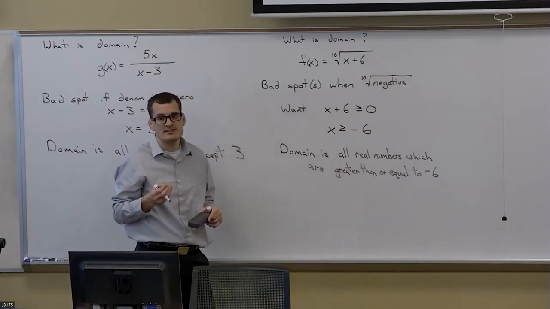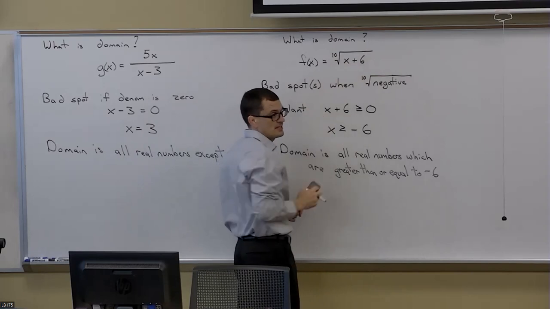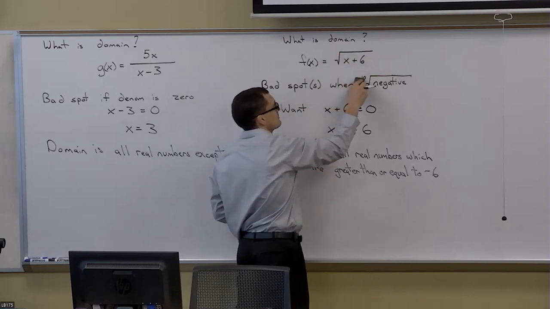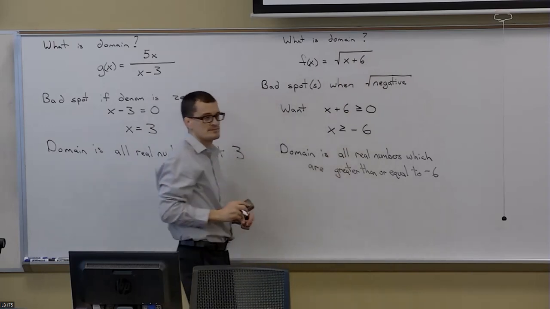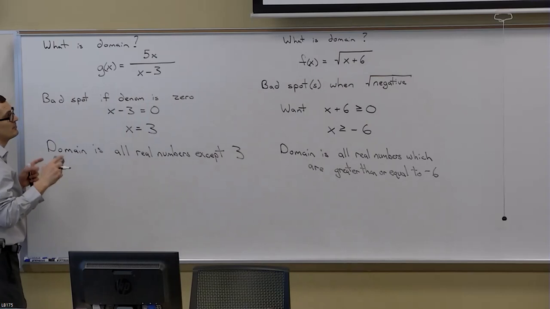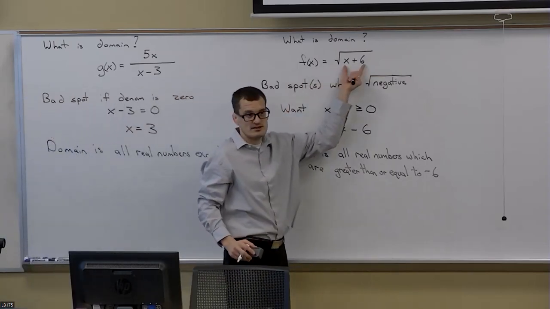That underneath, we want to have positive values underneath. Because when you have an even root, whether it's a square root, a 4th root, 10th root, you need to input 0 or above underneath there.